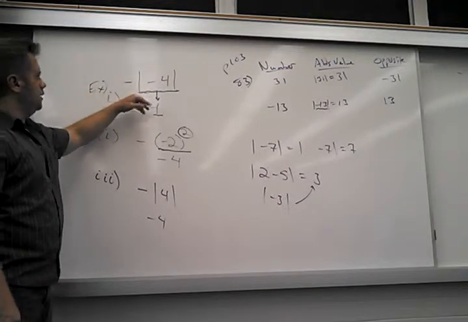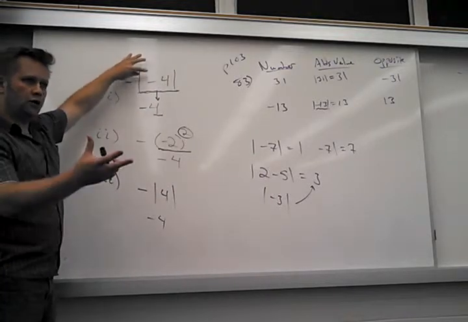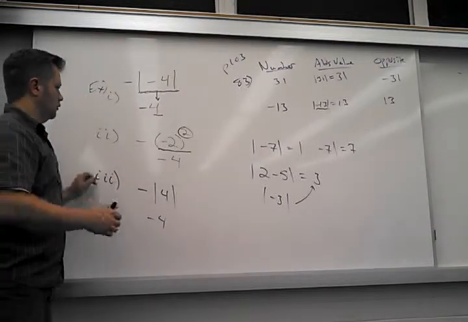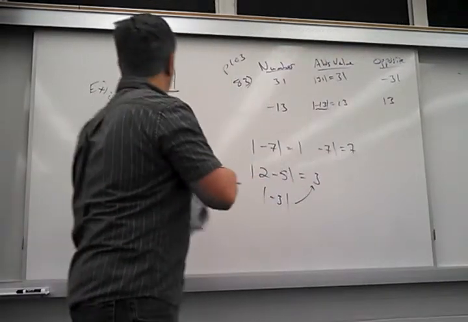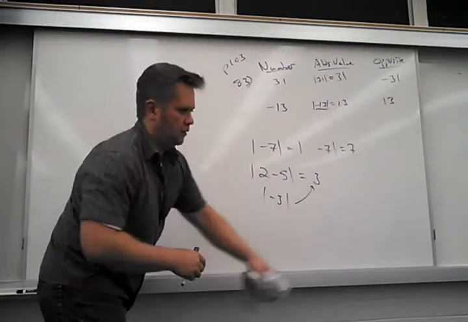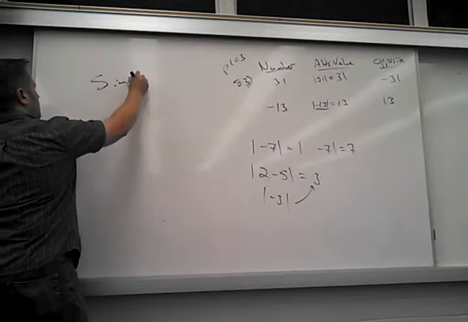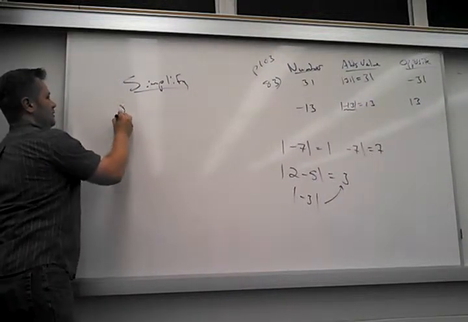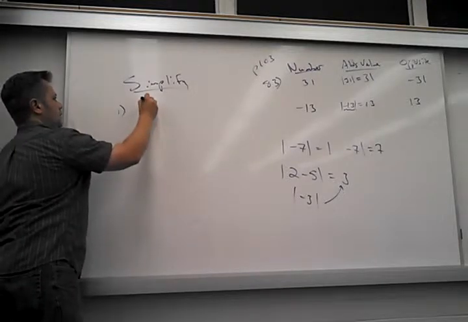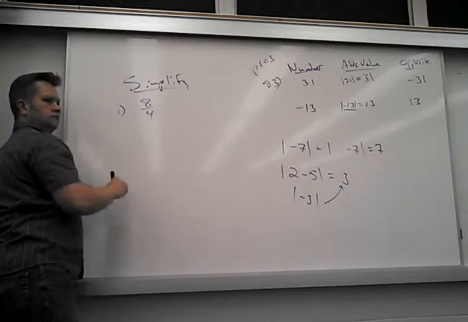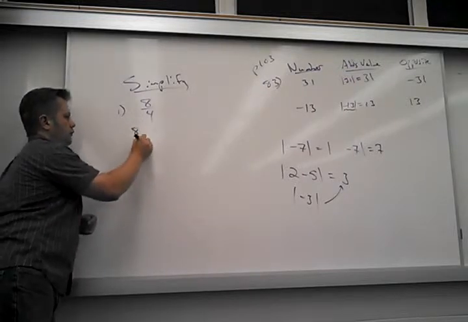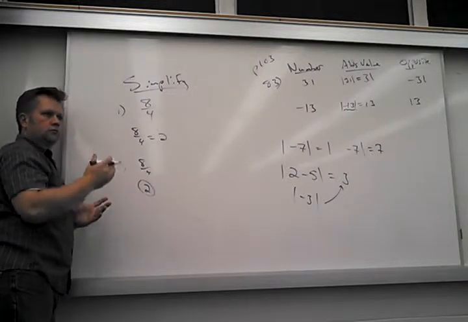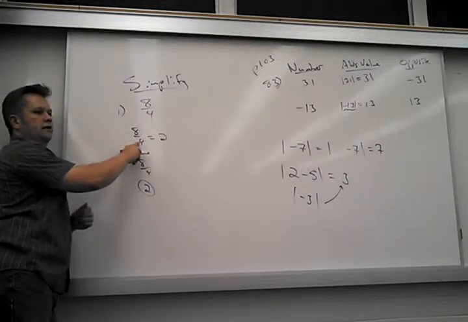Oh, I see what you mean. Either way works when it's just a simplification question, when it's not an equation to solve, if I just say simplify something. So if I said simplify 8 over 4, on your paper you could write 8 over 4 equals 2, or you could write 8 over 4 and underneath it put 2, and either way you are simplifying that thing.